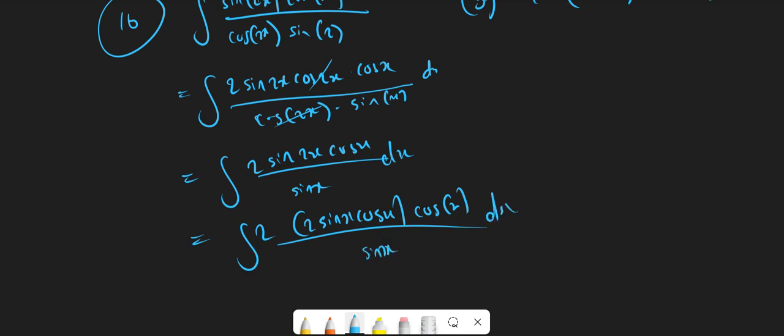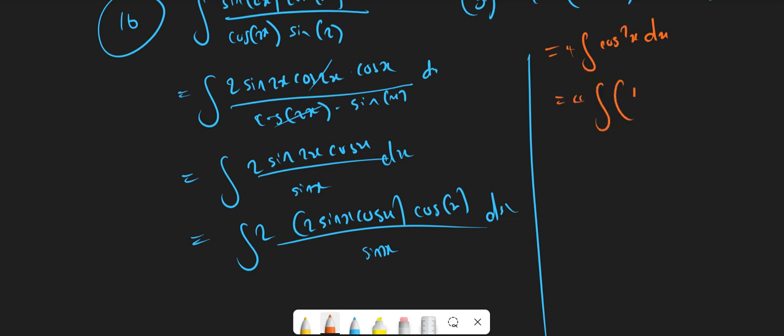So over here, you can see that the sine of x cancels out, and you end up with 4 times the integral of cosine squared x dx. Now cosine squared x, this is going to be 4 times the integral of 1 plus cosine of 2x all divided by 2 dx.